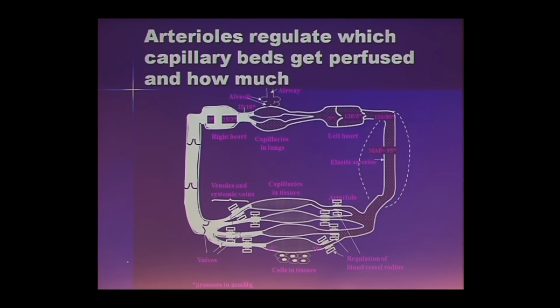This is just a simple drawing that I did to illustrate this to you. Do you see these things here, right? They're like little screws. So if I screw this screw on this arteriole, I've eliminated blood flow through this capillary bed, which means that more blood is going to be left to go to these other capillary beds. Makes sense? So that's in essence what happens with arteriolar regulation of blood flow.